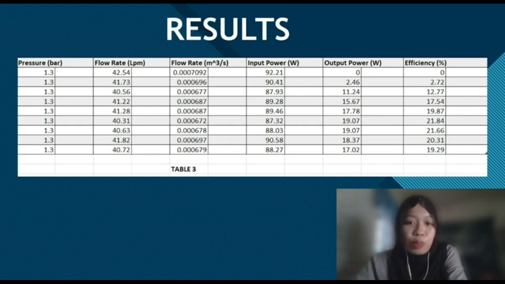Then input power we got 92.21 until the last one is 88.27. For the output power we got 0 until the last one is 17.02. For the efficiency the first one is 0, and then the next values.